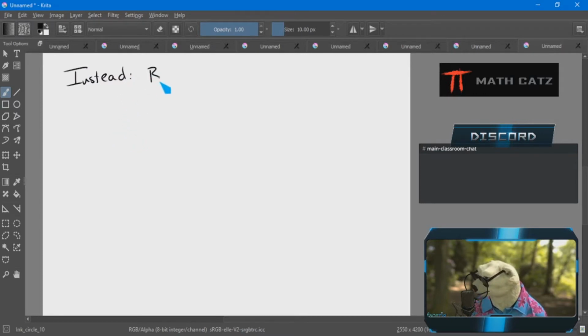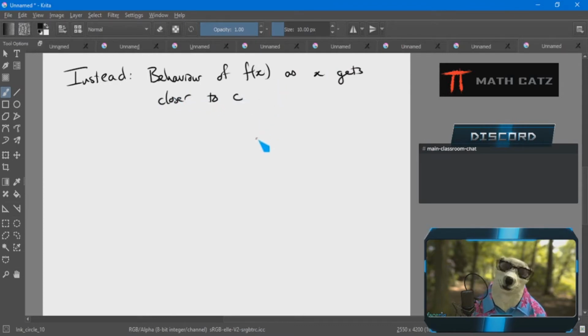We can ask for the behavior of, well, it doesn't matter what the function is, as x gets closer to some c value, could be 0, could be anything. Now there are two cases.